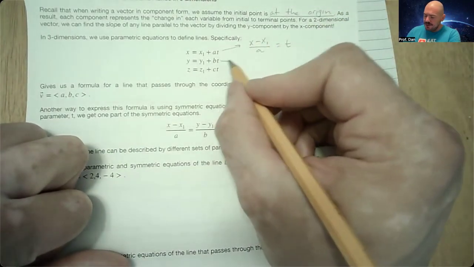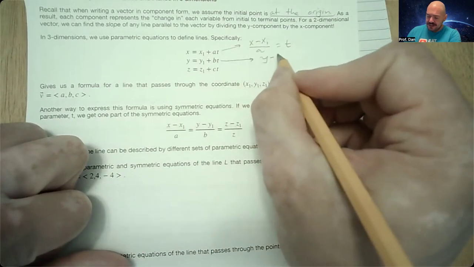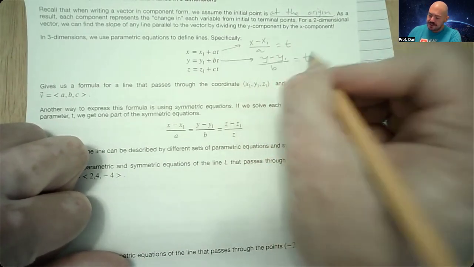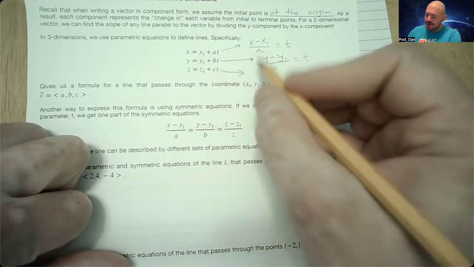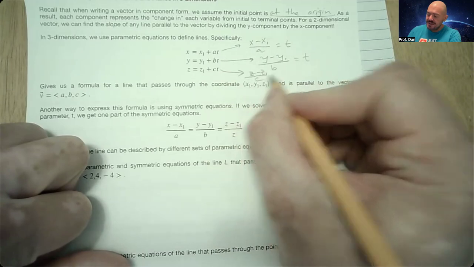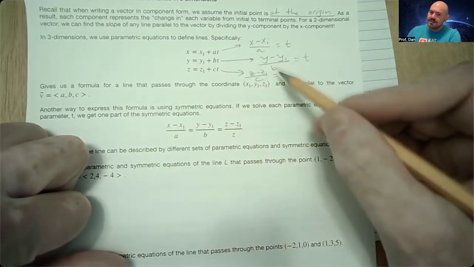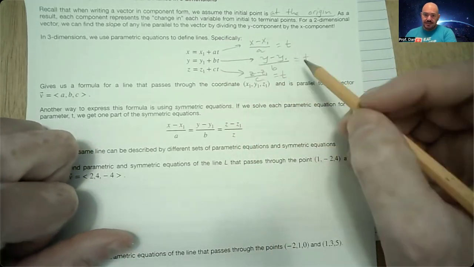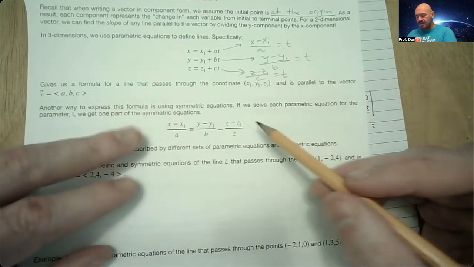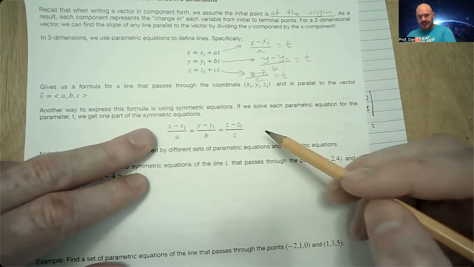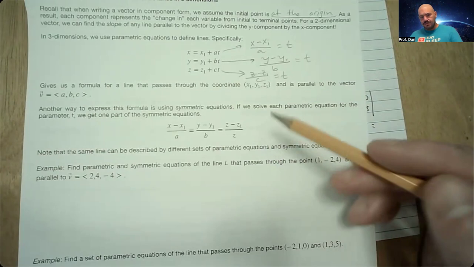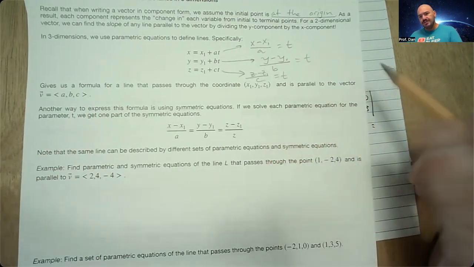For the second equation, same idea: subtract y1, divide by b. And for the last one, I'd subtract z1 and divide by c. Since all of these expressions are equal to t, they must be equal to each other. Writing them in this fashion, where they're all equal to each other, is what we refer to as symmetric equations.